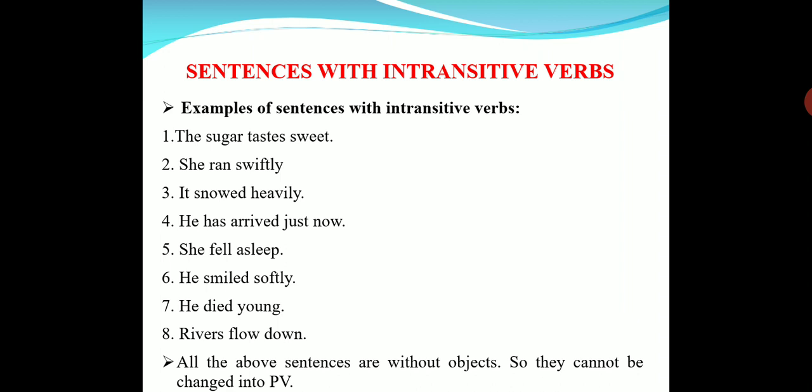Sweet is adjective, not object. There is no object at all in this sentence. She ran swiftly. So here again, swiftly is the adverb that is qualifying the ran. That is adding something to verb, ran. How she ran, swiftly. So there is no object here.